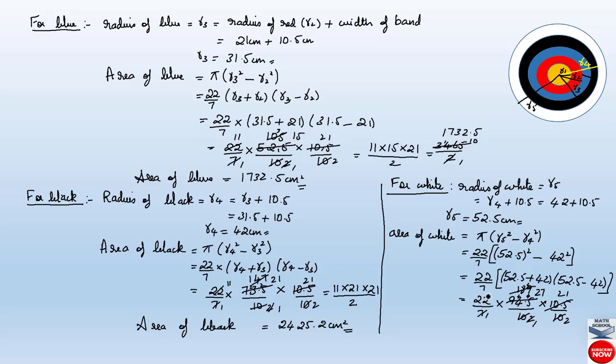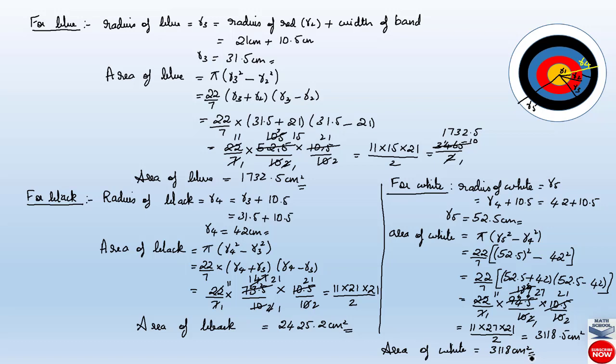So 2 1 times, 2 11 times. So this will be how much? 11 into 27 into 21 divided by. So when you multiply and divide, you will get the result here as 3118.5 centimeters square. So therefore, the area of white is equal to 3118.5 centimeters square.